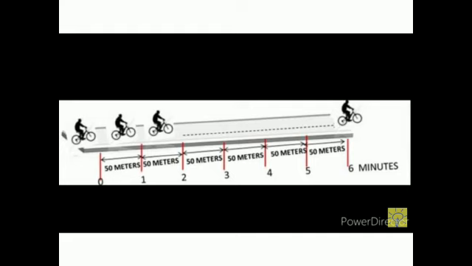So the total distance he covered in 6 minutes is equal in each and every interval. So 50 meters in a single interval shows that this cyclist is moving with uniform velocity, means the velocity is uniform, there is no change in a single interval of time.